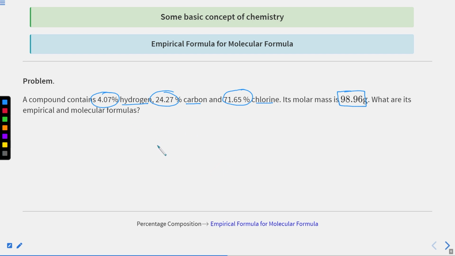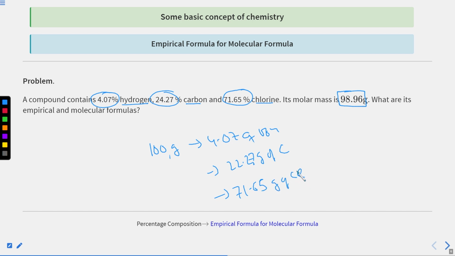Now this mass percentage means that in 100 grams of compound, we have 4.07 grams of hydrogen, 24.27 grams of carbon, and 71.65 grams of chlorine.